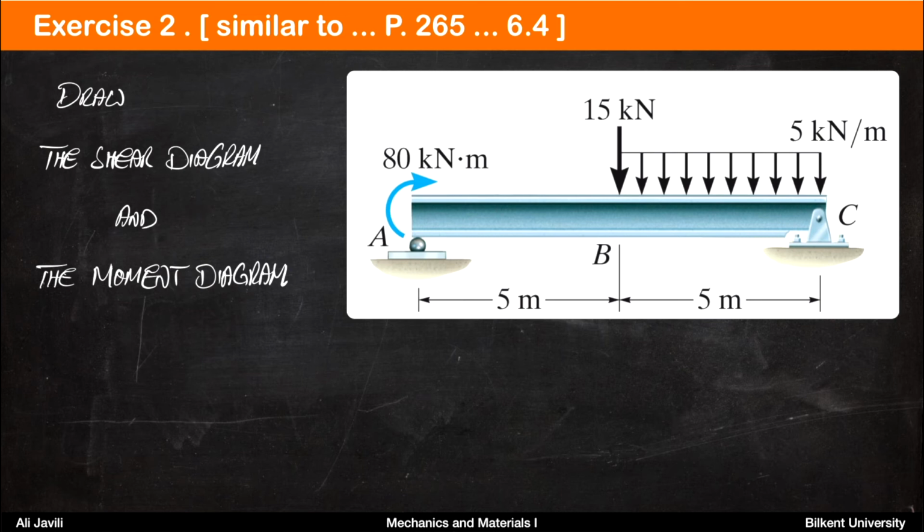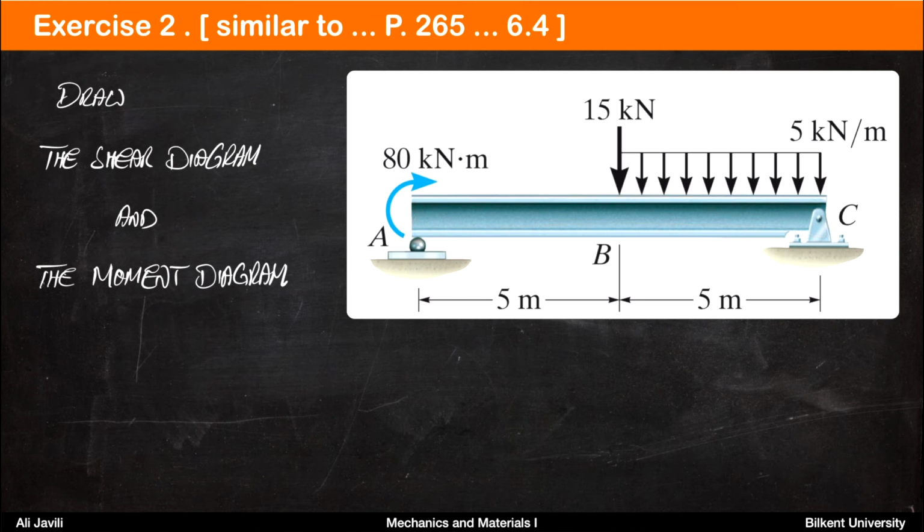Exercise 2 and the last exercise of today's lecture is similar to problem 6.4 on page 265 of the book. Similar to the previous exercise, you are asked to draw the shear diagram and the moment diagram for the beam given in the figure. So you have a beam here.